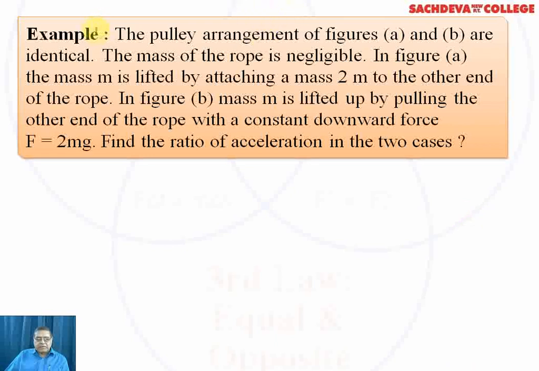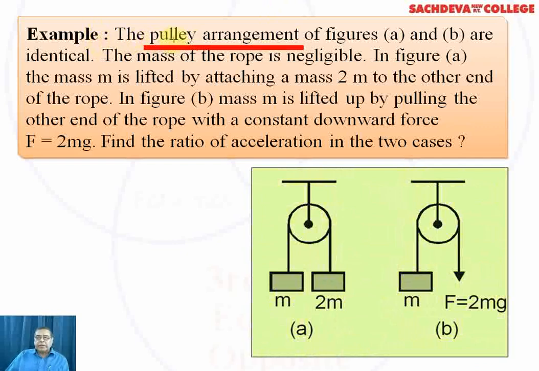Now, in our first example, our question is about the pulley arrangement of figures A and B. So you can see figures A and B. The pulley arrangements of figures A and B are identical. The mass of the rope is negligible. In figure A, the mass M is lifted by attaching a mass to it.